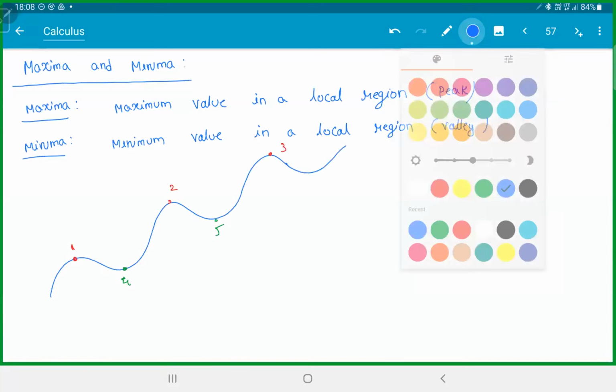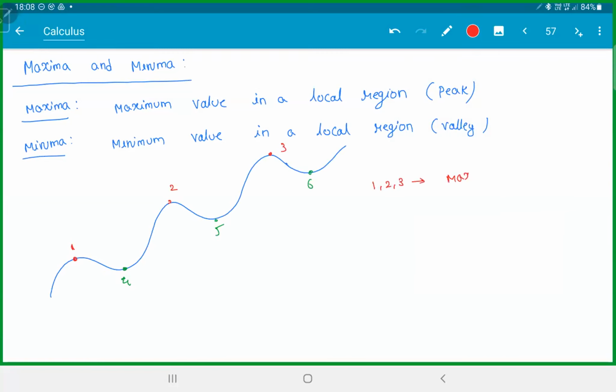So 1, 2, 3 are maxima points. When you stand at a maxima, on the left hand side and the right hand side, the curve is going down on both sides. Such a thing is called a maxima, the peak. 4, 5, and 6 are minima. When you stand at a minima, on the left hand side and right hand side, the function is increasing on both sides.